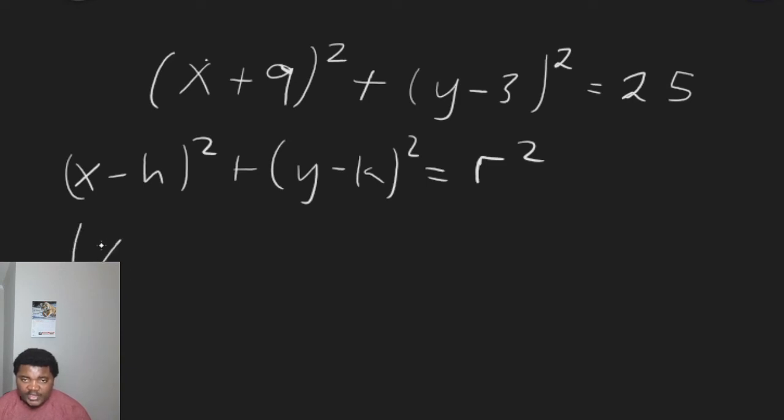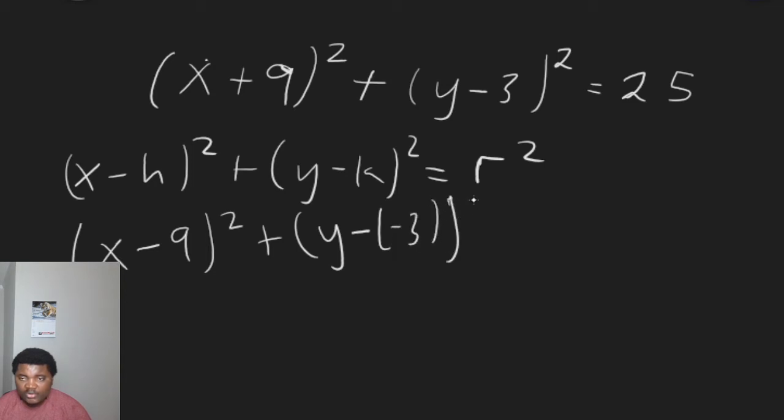So you get (x minus 9) plus (y minus 3) all squared is equal to 25, and the radius is the square root of 25.